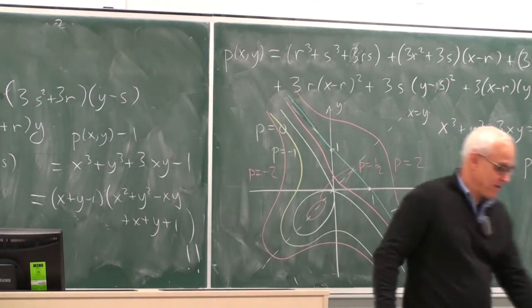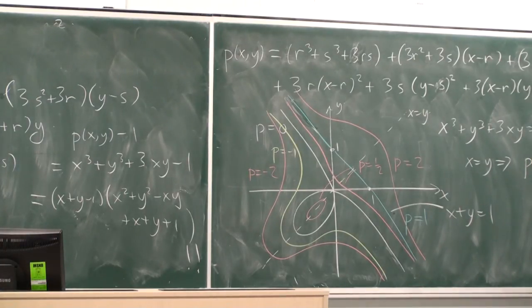In fact, there's a little bit more to this level curve, p equals 1. Can anybody tell me what I have missed from that level curve?